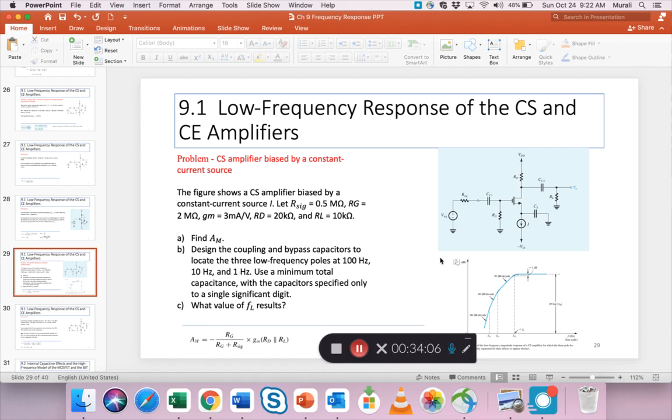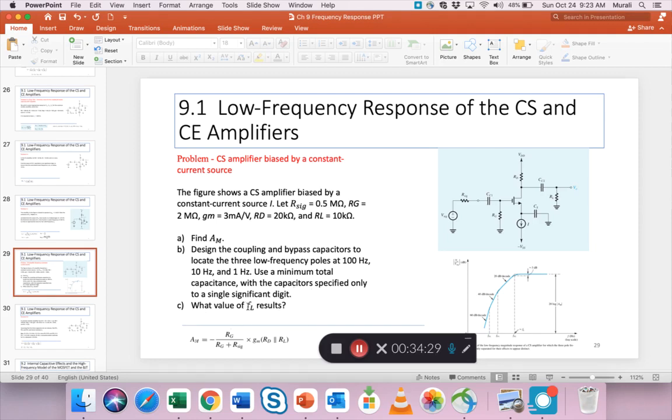Now we are given more specific data to work with. So this frequency has to be 100, the next has to be 10, next has to be 1. Use a minimum total capacitance with the capacitor specified only to one single digit. We'll see what that means.